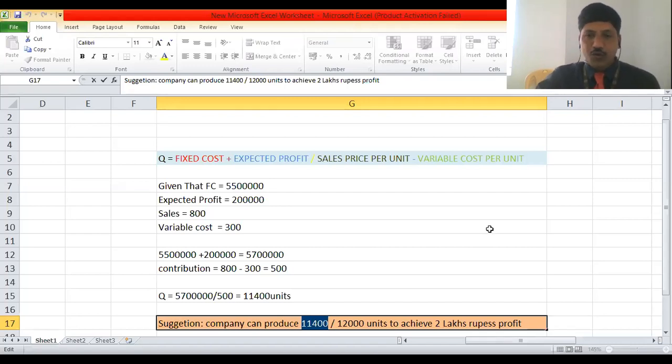If you don't want to make that suggestion, you can remove this and suggest that the company can produce 11,400 units to achieve 2 lakh rupees profit. Or else I can add one more thing here, 2 lakh and more.